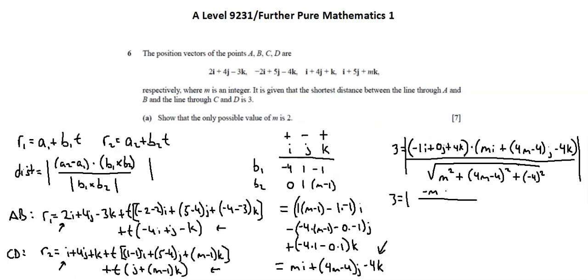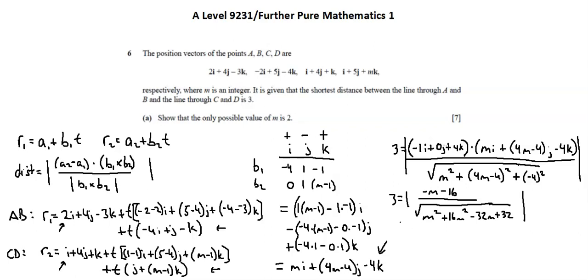And the coefficients of k, 4 and negative 4, product is negative 16. In the denominator, we're going to expand. We'll have the square root of m squared plus 16m squared minus 32m plus 16, which is plus 32.